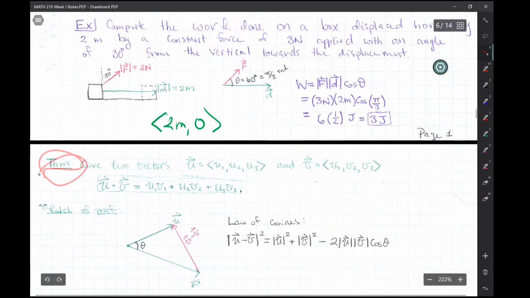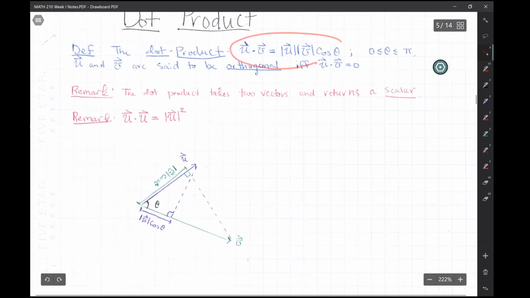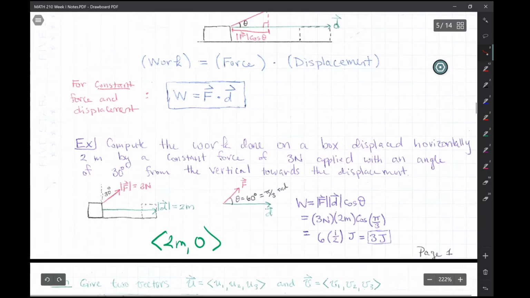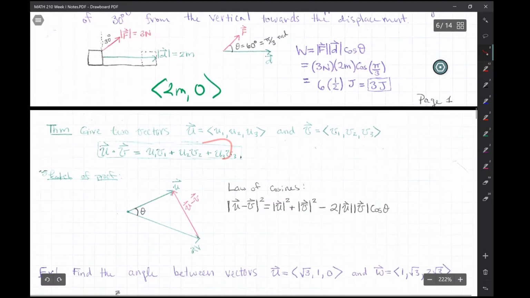And this is a theorem. We can prove this from having a definition that we begin with like that. So if you define the dot product this way, you can prove that in fact it's given by this formula here when you have components.